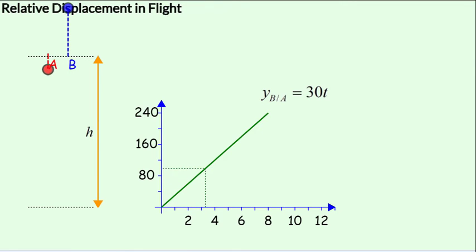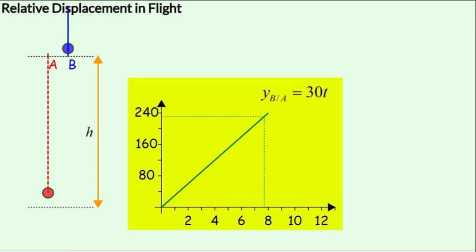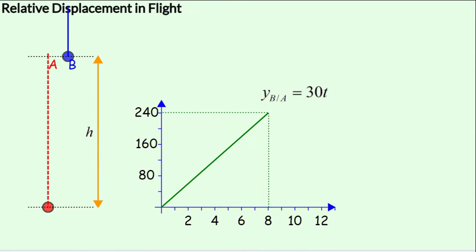Now we plot the graph for the relative displacement of B with respect to A for the first part, that is, until A strikes the ground, which takes 8 seconds. So we plot the relative displacement yb with respect to A, or 30t, versus the time t on the x-axis. And over a period of 8 seconds, we can see that the relative displacement will be 30 times 8 or 240 meters.